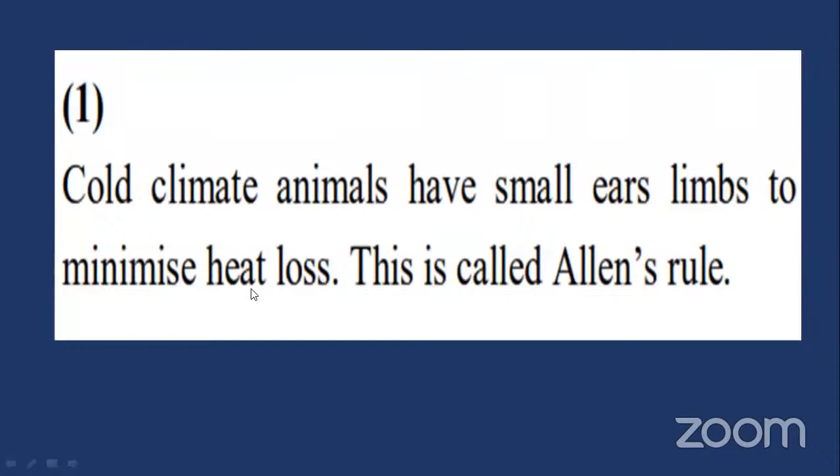This is called Allen's rule. Suppose it has big ears or limbs, or tail also, what happens? They need more energy. That's why I told you, hunting also they have to do more. Then only they will get the energy. So that is the reason. Otherwise, it will lead to death.